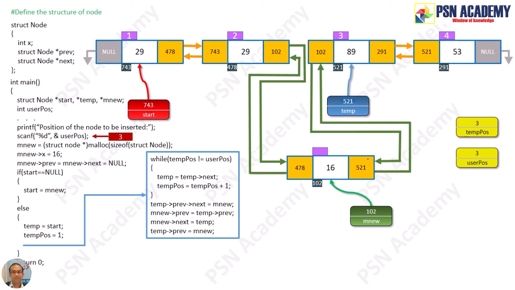On the other side, you can see that the node at 102 is pointing to 521 and the node at 521 is pointing back to 102. That means your new node has been inserted properly in the third position. So we can write this one as third position. This third position will become fourth position and the fourth one has become fifth position.